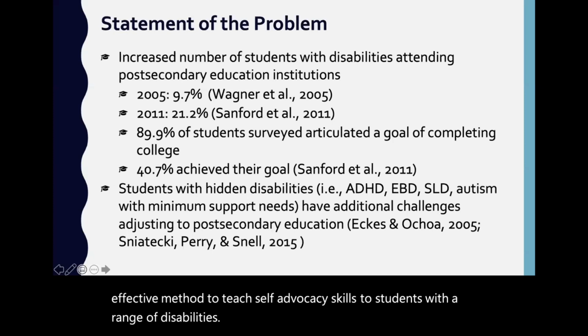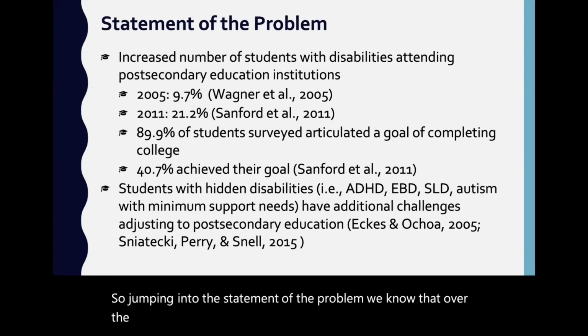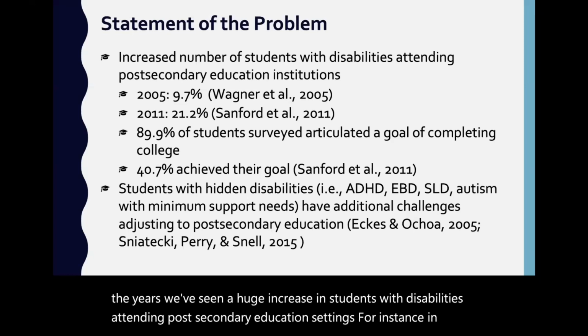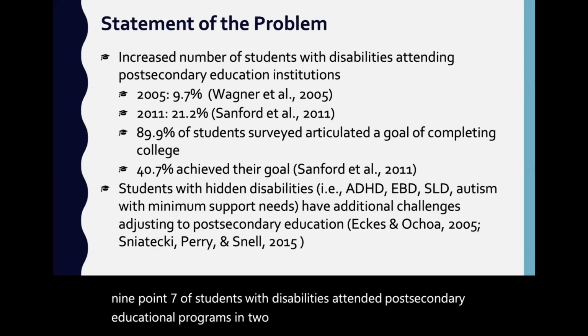So jumping into the statement of the problem, we know that over the years, we've seen a huge increase in students with disabilities attending post-secondary education settings. For instance, in 2005, 9.7% of students with disabilities attended post-secondary educational programs. In 2011, that jumped to 21.2%.